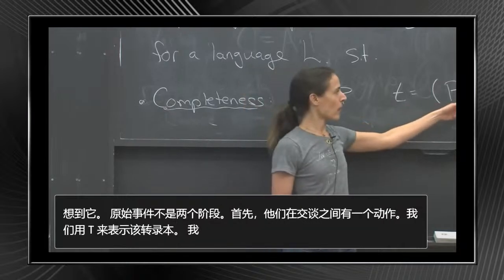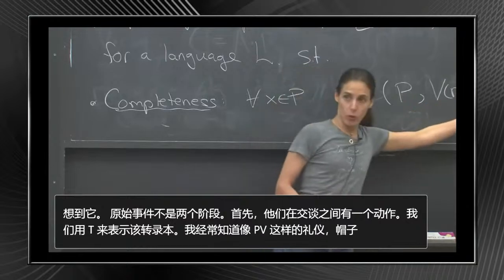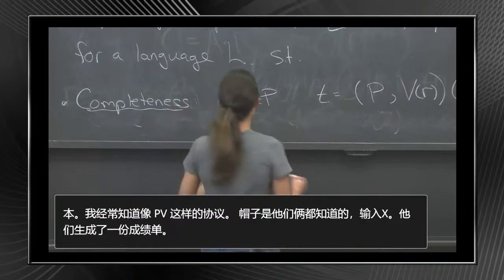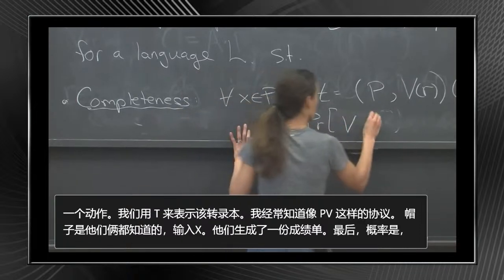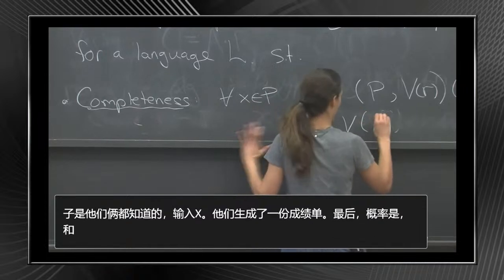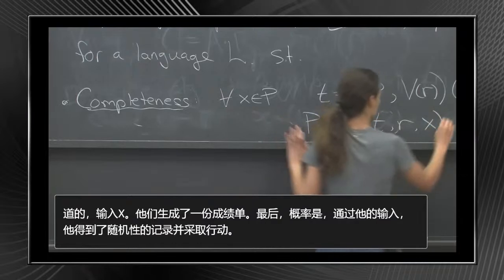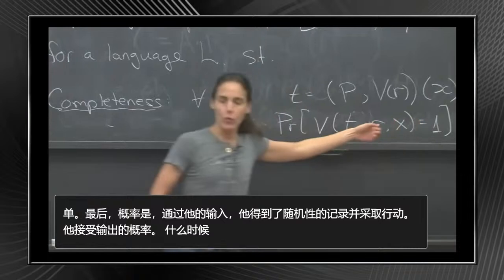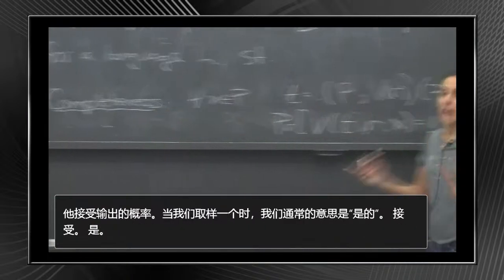Often we denote the protocol by P, V. The prover has R, and both of them know the input X. They generate a transcript. And at the end, the probability that V, with his input, the transcript, the randomness and X, accepts, outputs 1, is large.